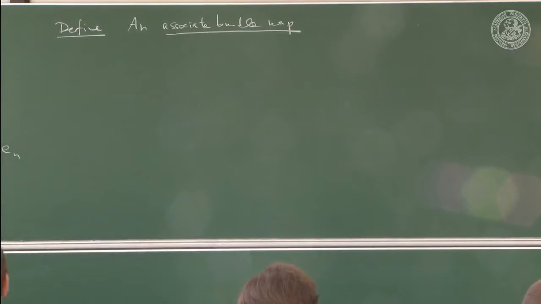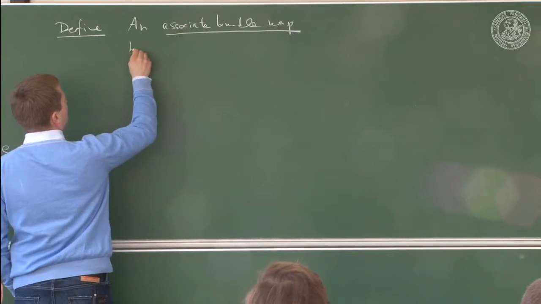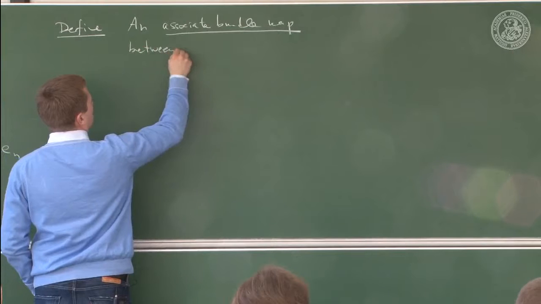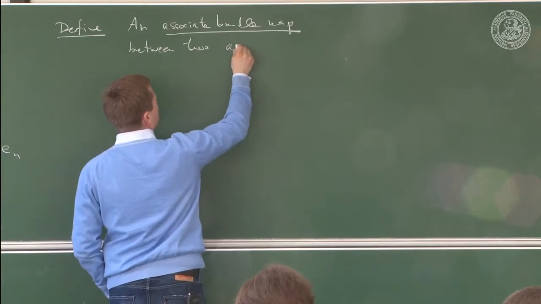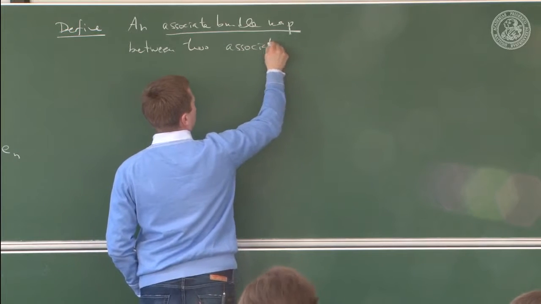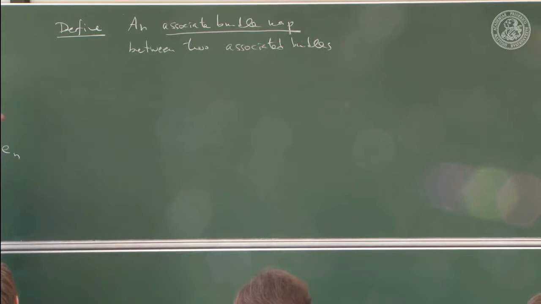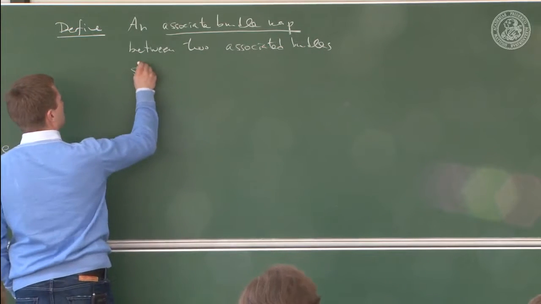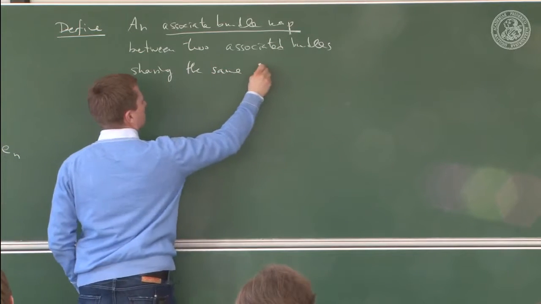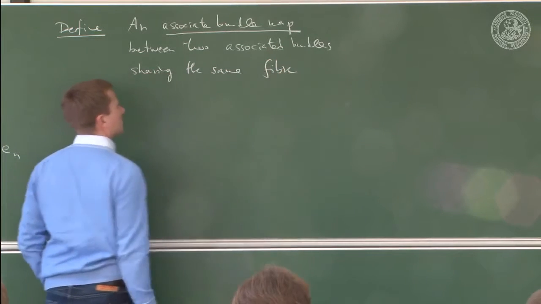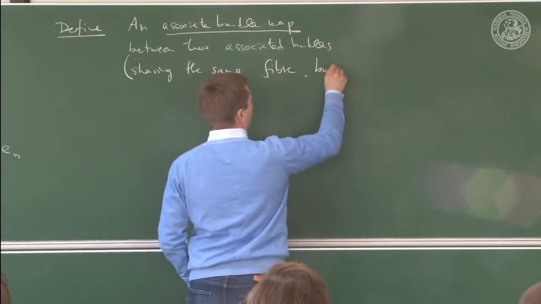An associated bundle map between two associated bundles sharing the same fiber.